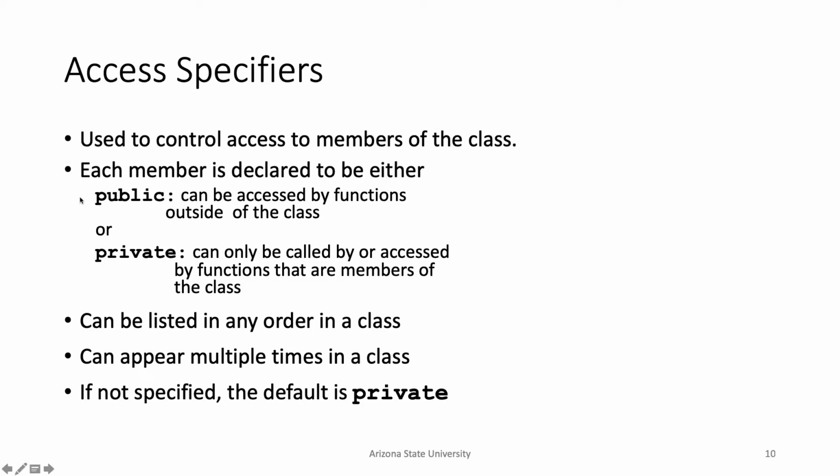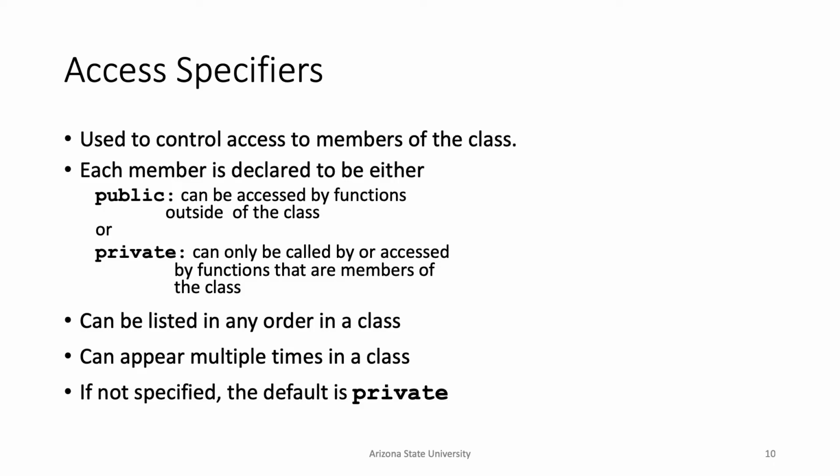Public means accessed everywhere. So if you have an object of type Circle, for example, and let's just say we looked at the getRadius function again, was it public or private? It was public.